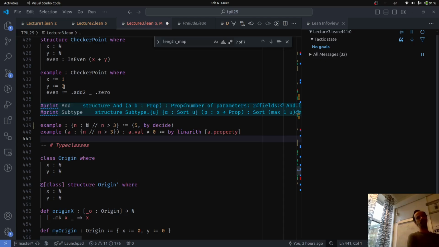You can make it be a prop and it doesn't lose any information, so it's better in that sense for it to be a prop. Most of the time when you make definitions, it depends on whether you want it to have many elements or to have only one element. So that's where you get the intuition from. Is it supposed to be proofy or is it supposed to be data?